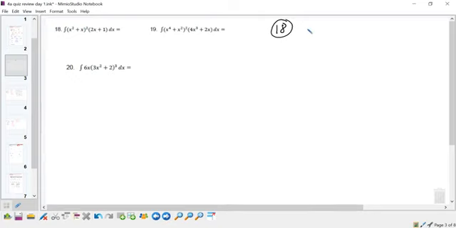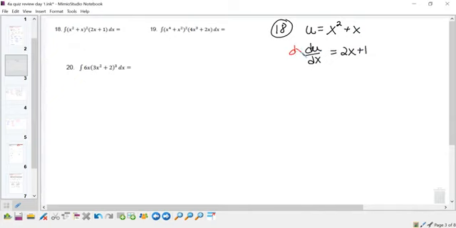I'm going to use u substitution. Because x squared plus x is inside the squared term, and because the derivative of that is 2x plus 1, I know my u is x squared plus x. Because du dx is 2x plus 1.